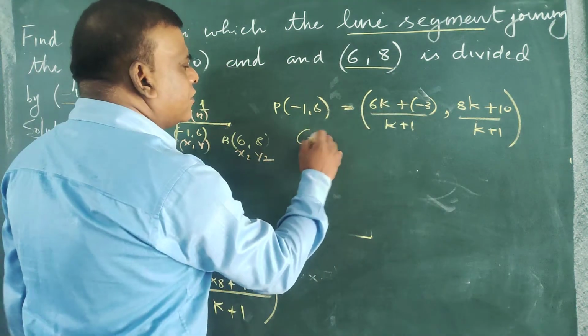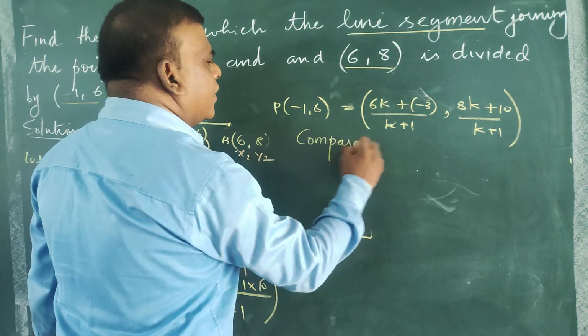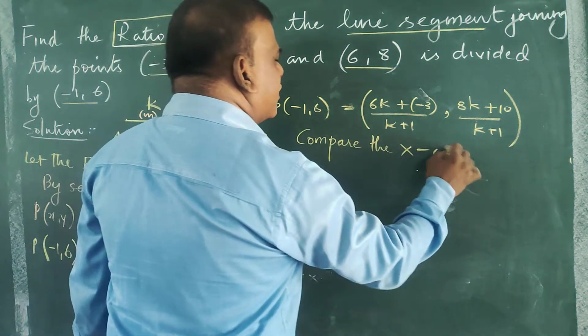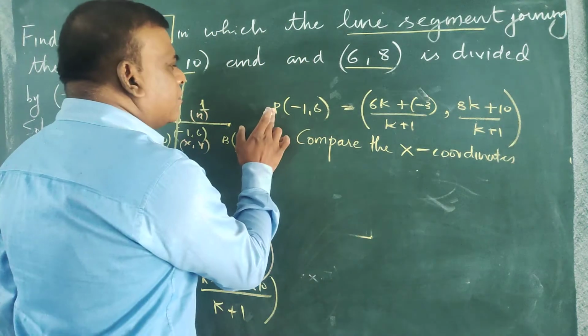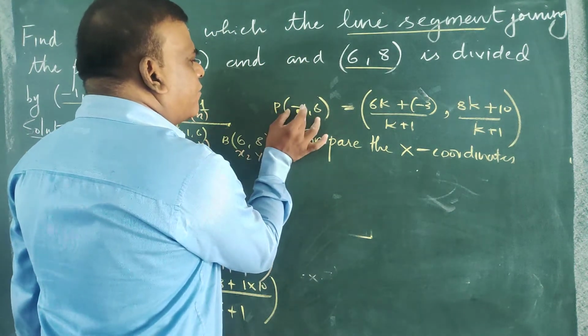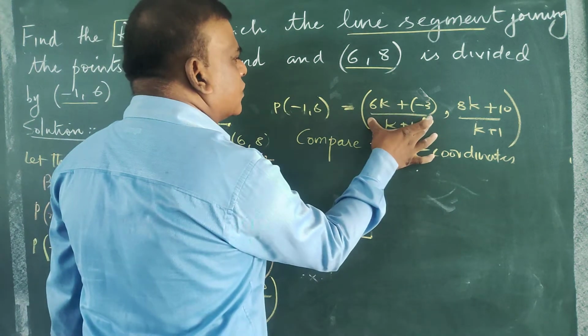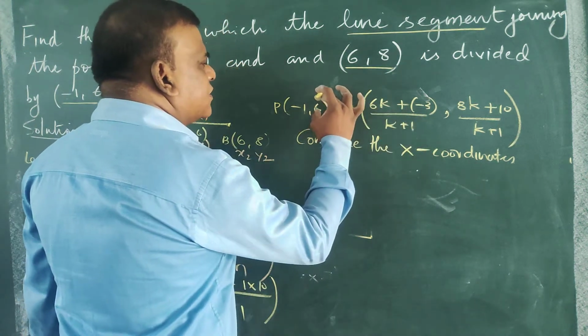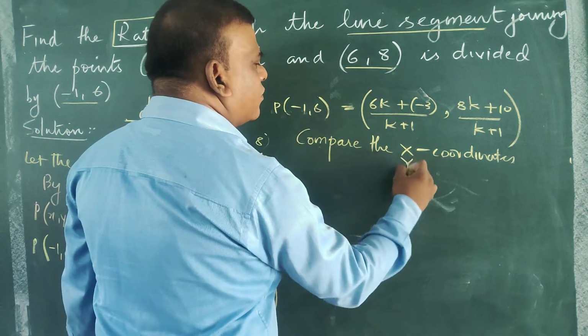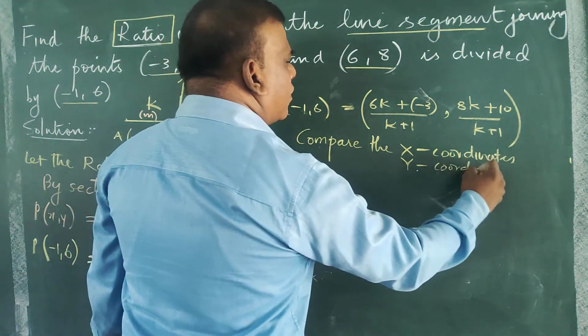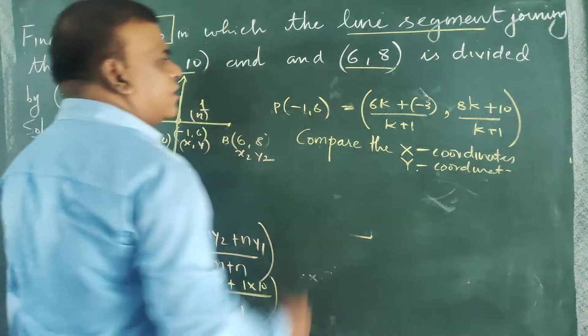So comparing, we are going to compare the x coordinates, because your x coordinate of P, minus 1, must be equal to this one. Your y coordinate, that means 6, must be equal to this one. I am going to compare the x coordinate, or if you want you can compare the y coordinate also. See which is simple and then you can use it.